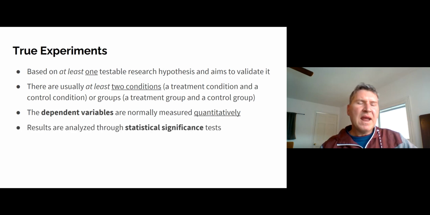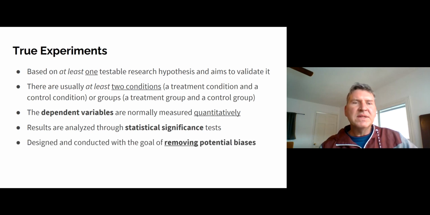We typically analyze these results using statistical significance tests, hence the need for quantitative numbers. Statistical significance tests, the stronger ones, use numeric values because they're easier to compare than qualitative types of variables. They're also designed and conducted with the goal of removing potential biases.